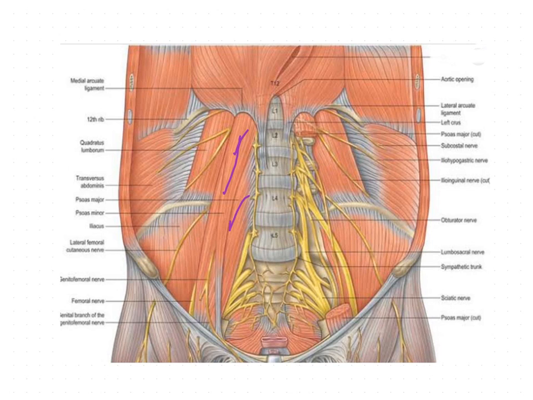This is the psoas major, and above the psoas major you can find the nerves. One is the iliohypogastric, and the next one is the ilioinguinal. On this side you can see them very clearly because the psoas major muscle is cut here, so you can find the iliohypogastric and ilioinguinal nerves.